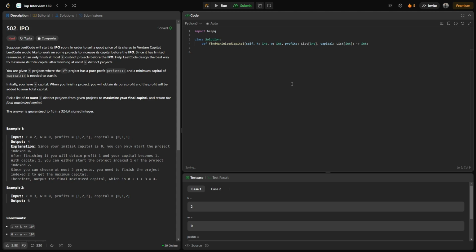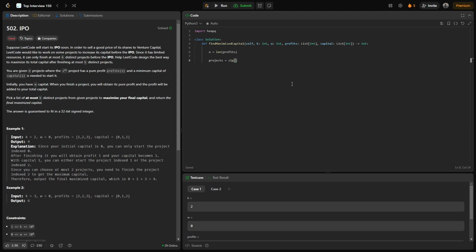So the first thing, we are going to find the length of our profits and capital, or the total available projects that are there. So I can say the length of profits or capital, both of them are going to be the same. Then I am going to say projects, and it will be basically sorted, or let me just zip the values.